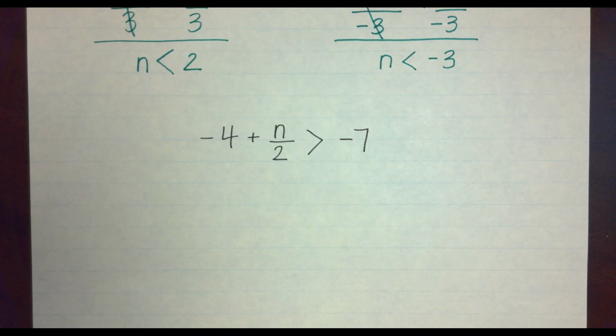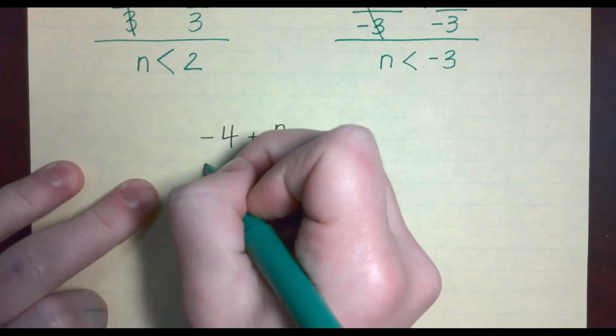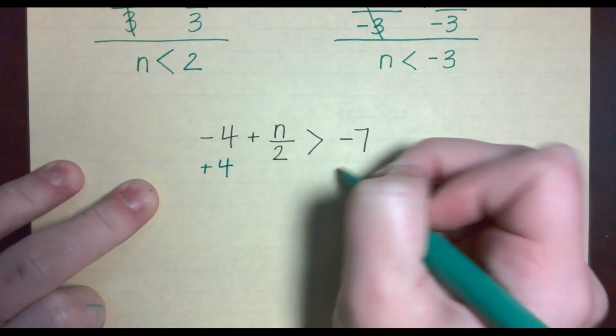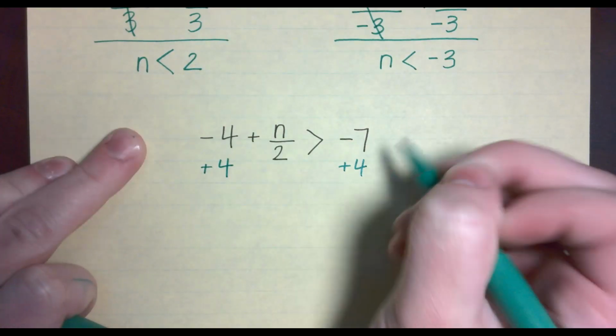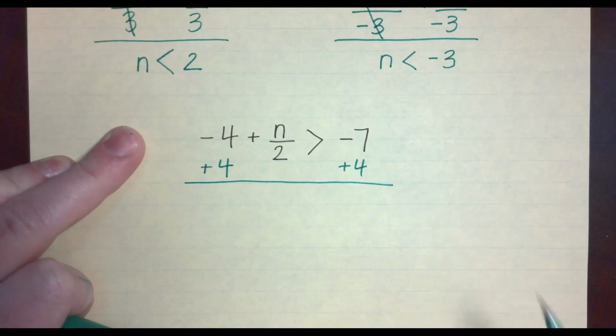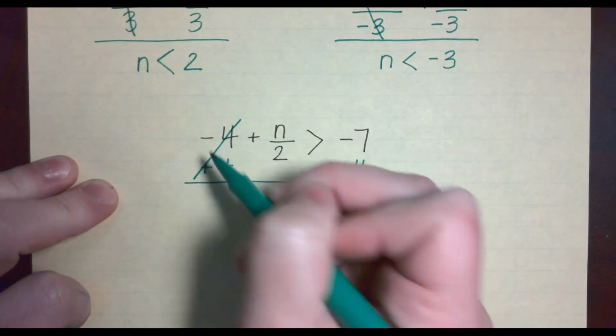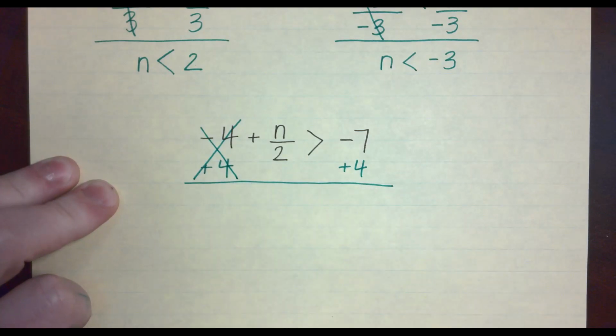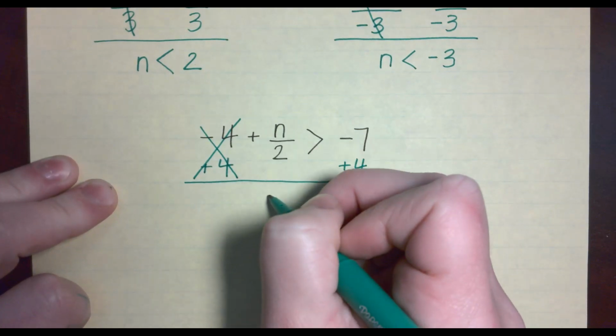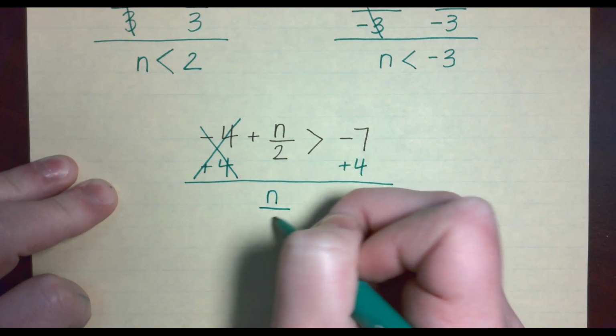Okay, so what would I do first? Plus 4. Yes, plus 4. And then plus 4 on the 7. Perfect, thank you. Plus 4 on both sides. And what happens next? Cross it off. Yes, I'm crossing out my 4s. They cancel. Then bring down n over 2.